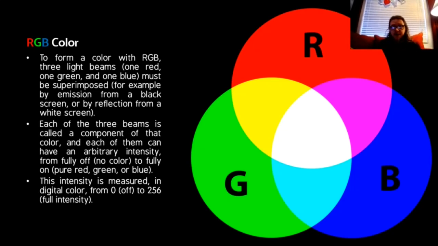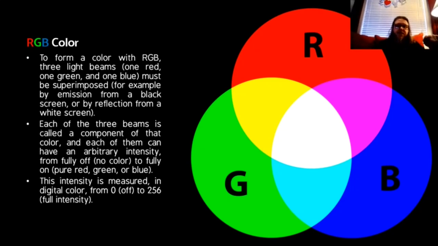So whatever you're watching this on, whether it be your computer, your phone, or the TV, and you're casting this onto the TV, before you turned it on, that screen was completely black. That's forming the black color. It's the absence of any light. And then all these colors that you see are being projected from that. Or by reflection, where the light hits a white screen and bounces back to our eyes, as is done in the classroom when the light hits the screen at the front of the classroom.